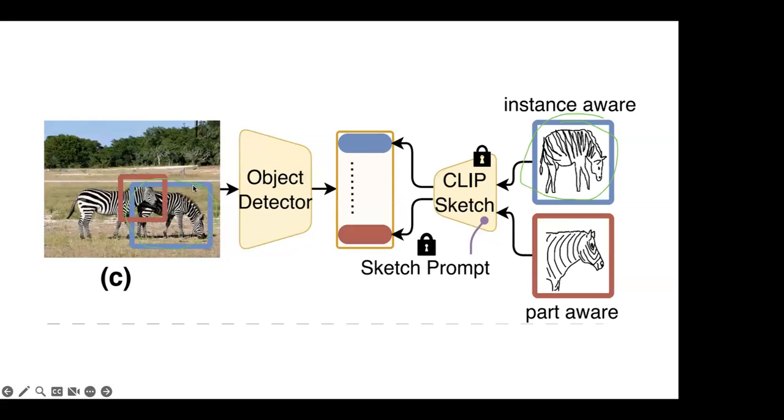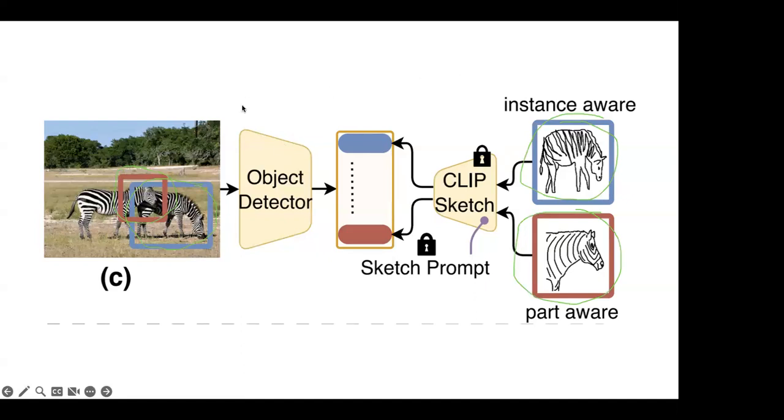Or you can also prompt a specific part, like the head of a zebra, and the model will detect only that specific part in the photo, meaning that it's enabled with instance-aware and part-aware detection.